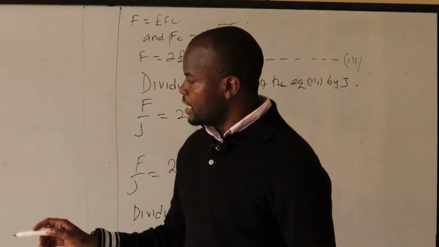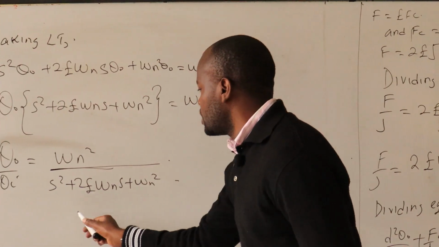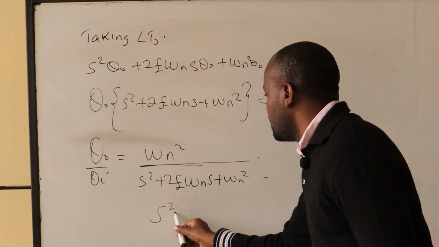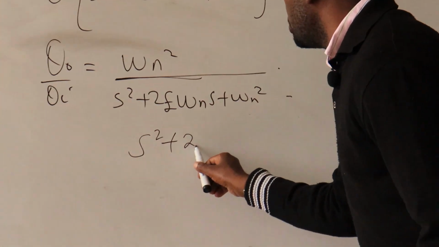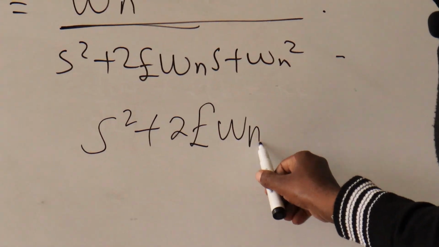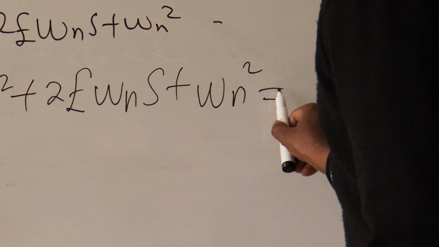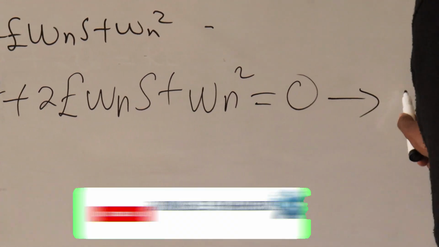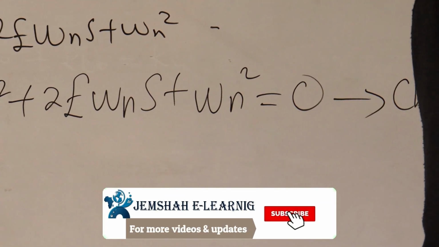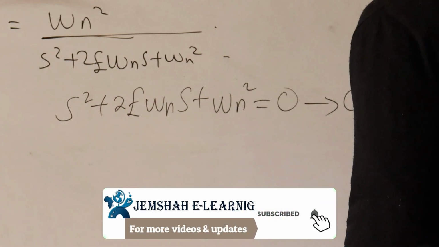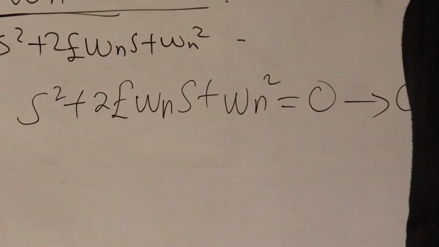So if we equate s squared plus 2 zeta omega n s plus omega n squared to 0, this is what we call the characteristic equation.